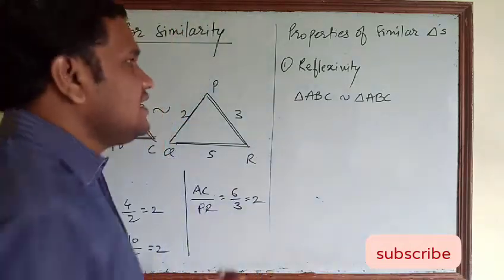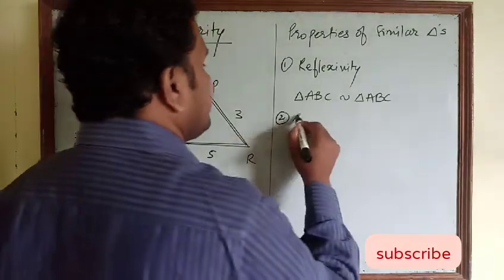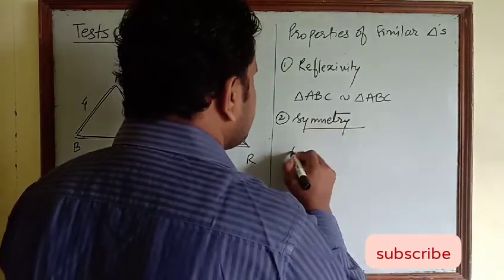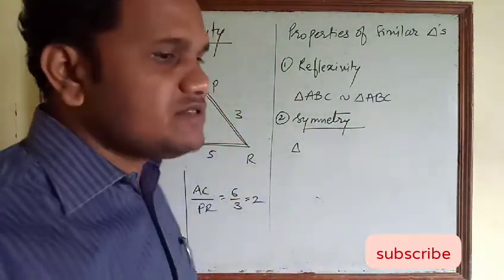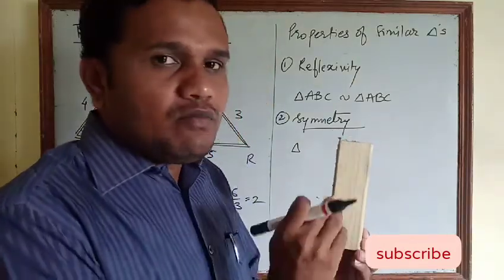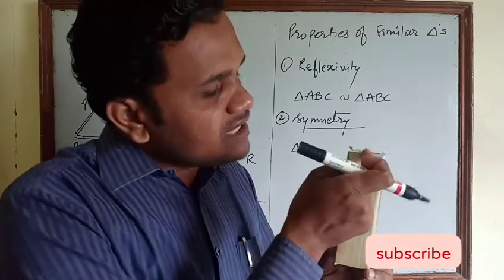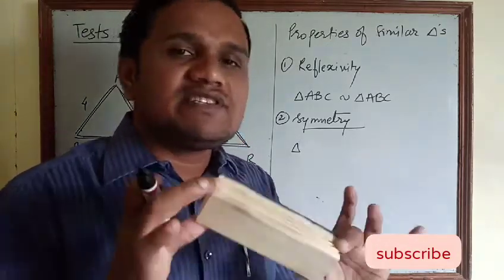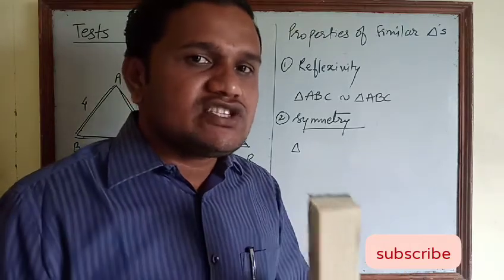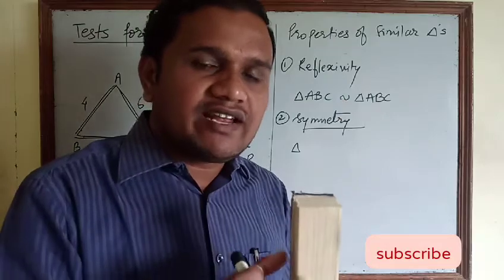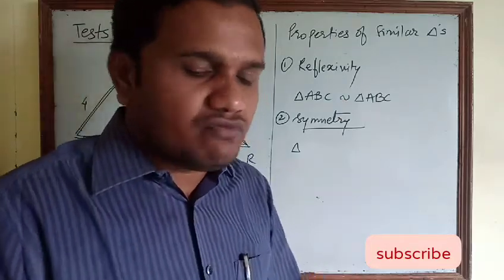Then symmetry means both the sides. See, what is the meaning of symmetry? If you cut this duster from the middle, both the sides will be same. So this is the axis of symmetry, or this shape is symmetrical because this shape has one axis from where if you cut this shape, it will get into two equal halves, two equal parts.